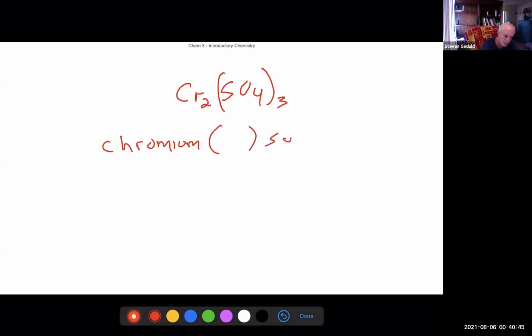And SO4 is a polyatomic ion, sulfate. Okay. Sulfate has a -2 charge, and it's 3 times.